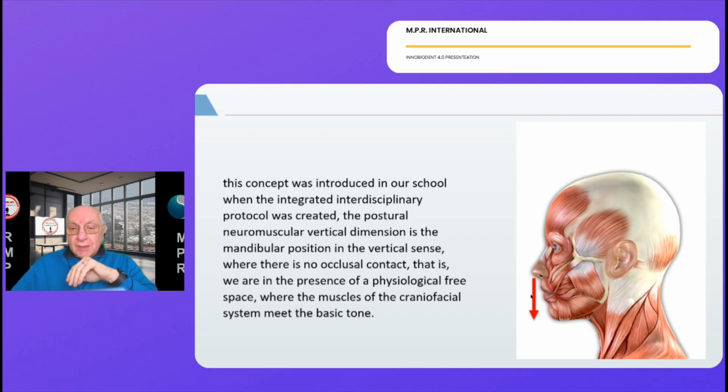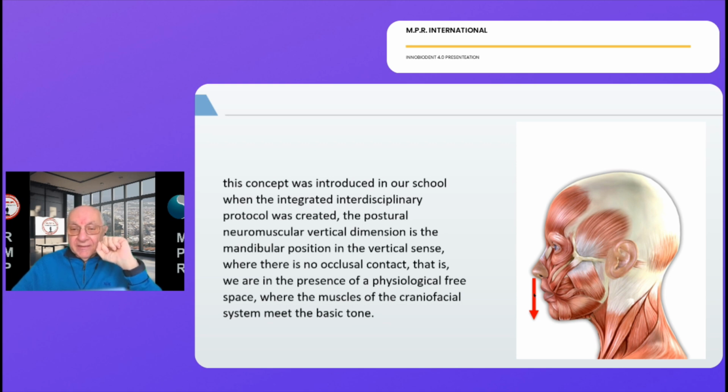The postural neuromuscular vertical dimension refers to the vertical position of the mandible in which there is no occlusal contact. This means we are within the so-called physiological free space.